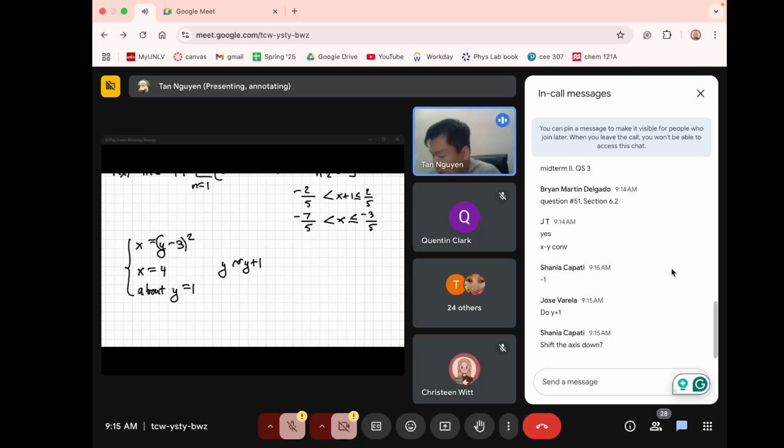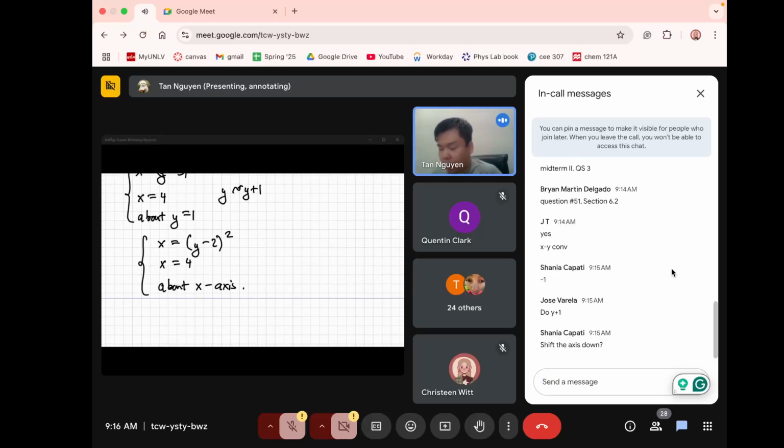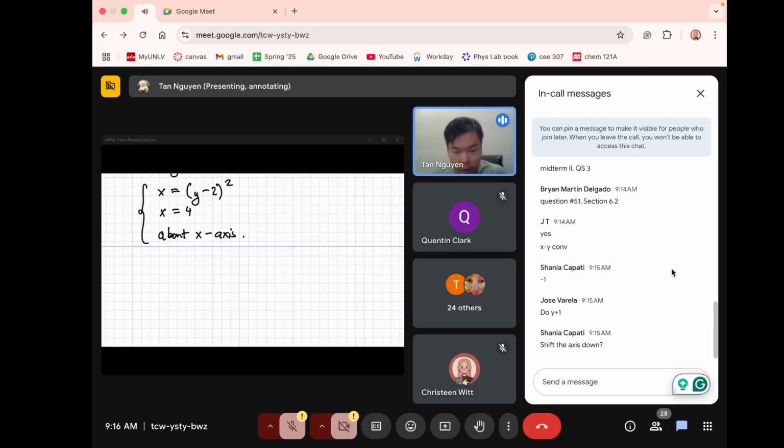Okay, so I'm going to get x is equal to (y plus 1 minus 3), which is (y minus 2) squared. x equals 4 stays the same, but the rotation now is about, sorry, about y equals 0, which is the x-axis. Okay, now is the time you test for xy or yx convenient.